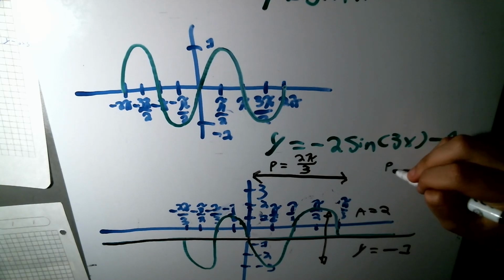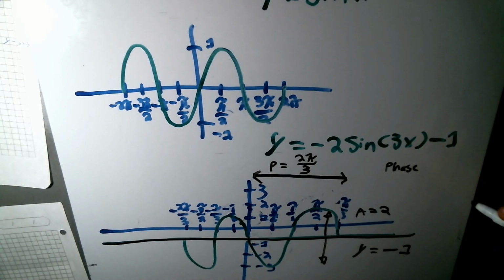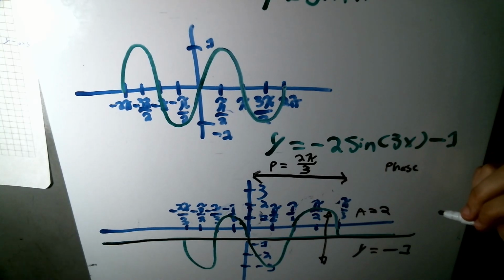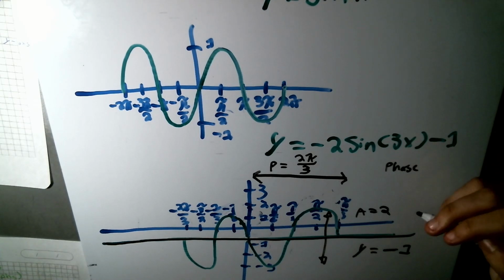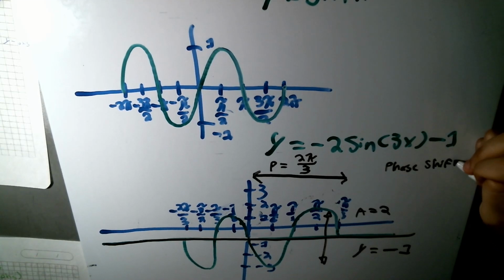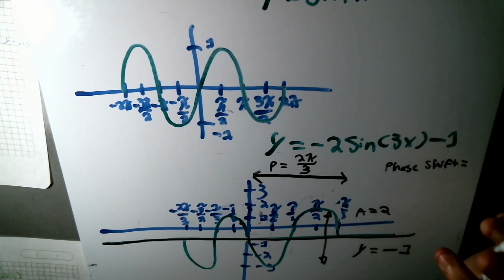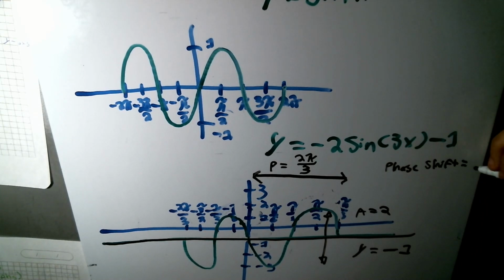And the phase shift equals... The phase shift is 0. There was no movement in the x-axis. I'm not going to write that down.